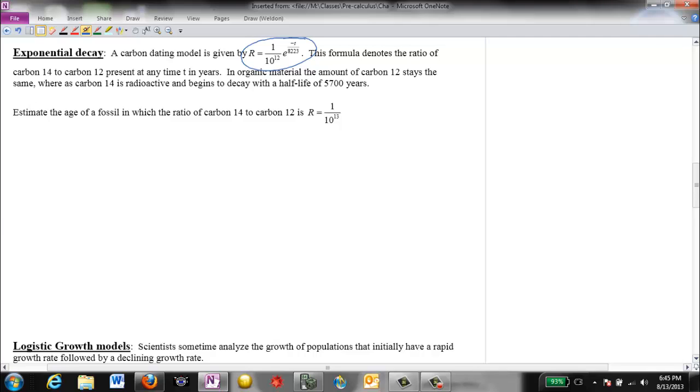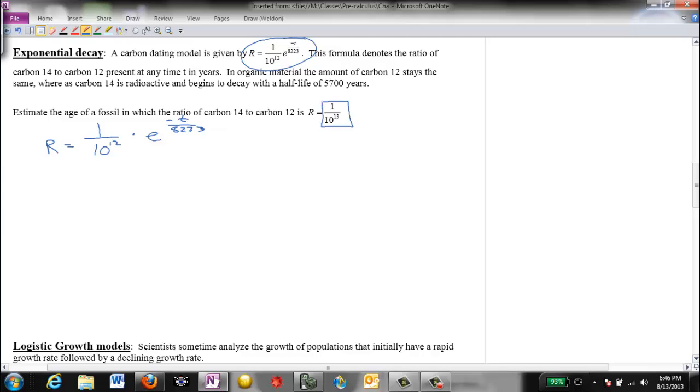So it tells us that we have a model R equals 1 over 10 raised to the 12th power times e raised to the negative t over 8223, right? And then they actually do an analysis of whatever substance it is that they are analyzing, and they find that R is this right here, 1 over 10 to the 13th power.